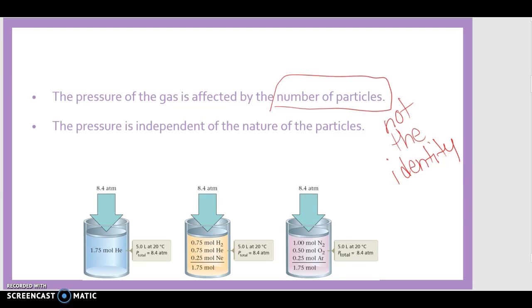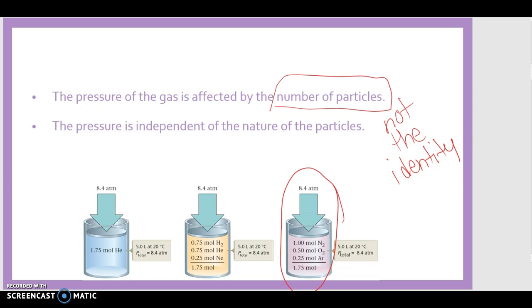So, for example, let's look at this situation. We have 1 mole of nitrogen, 0.5 moles of oxygen, and 0.25 moles of argon. But we know that the total pressure in there is 8.4 atm.